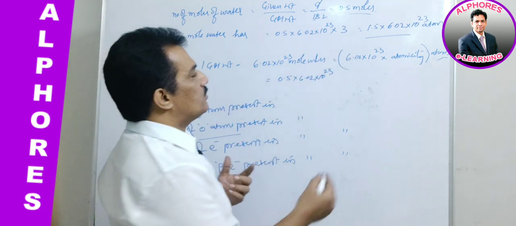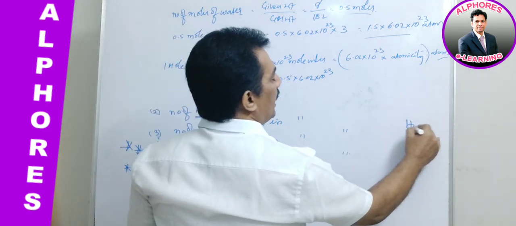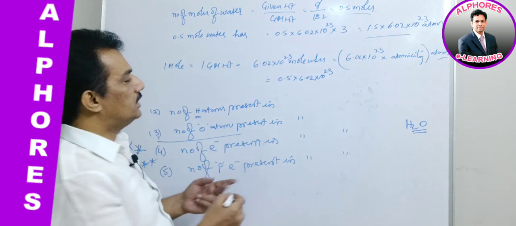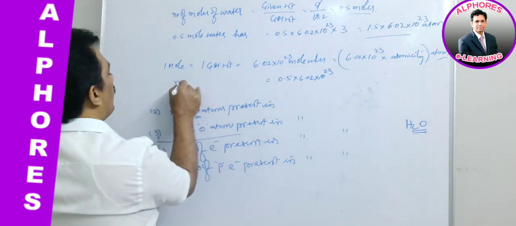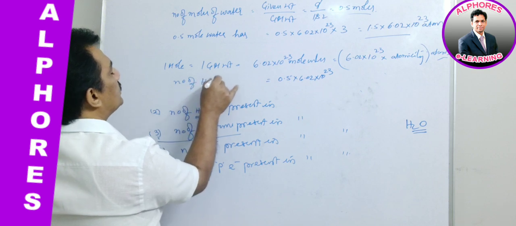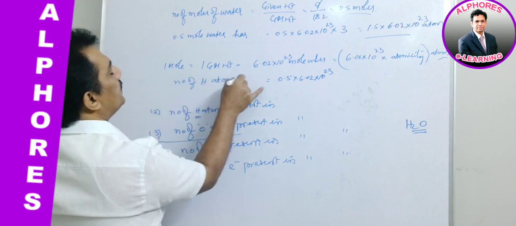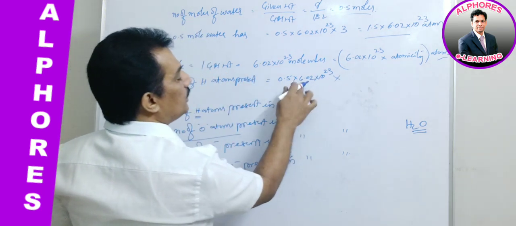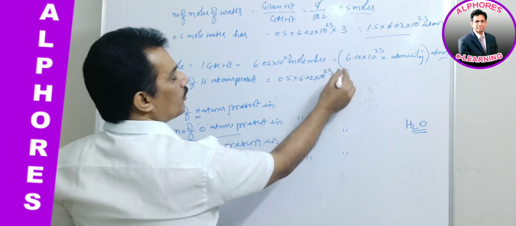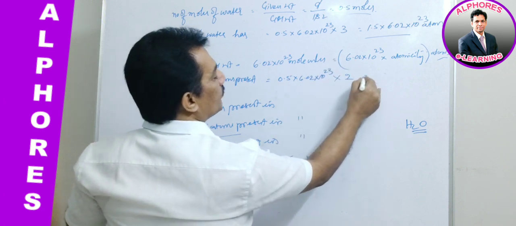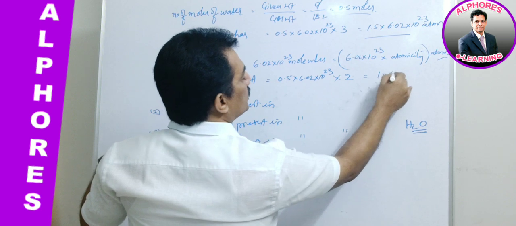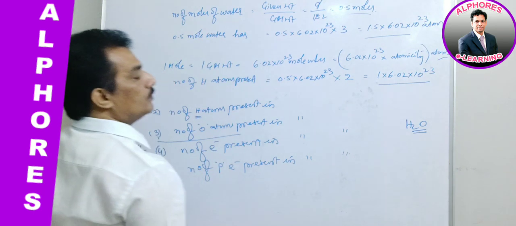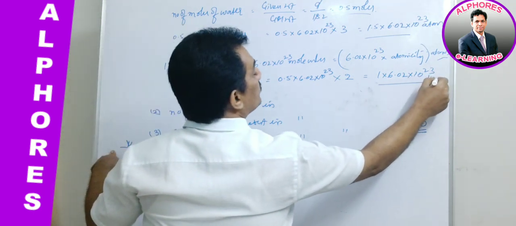From the water molecular formula, how many hydrogen atoms are present in each molecule? Only 2. That's why the number of hydrogen atoms present is 0.5 into 6.02 into 10 to the power of 23 into 2. That is 1 into 6.02 into 10 to the power of 23 hydrogen atoms.